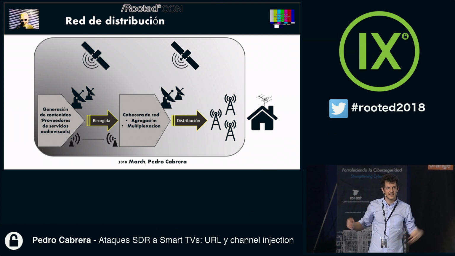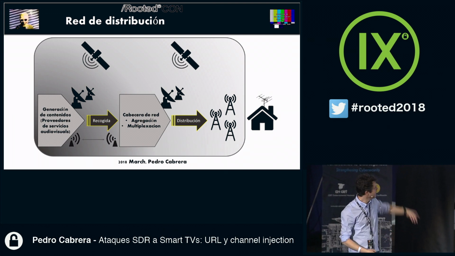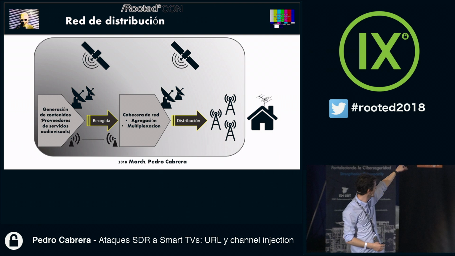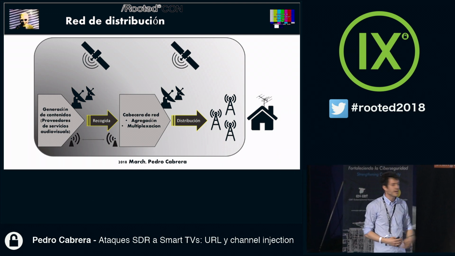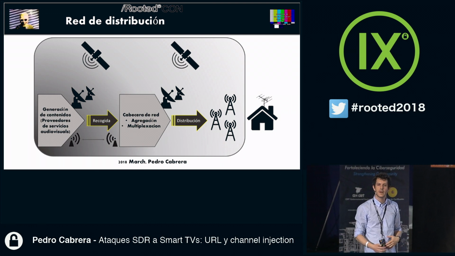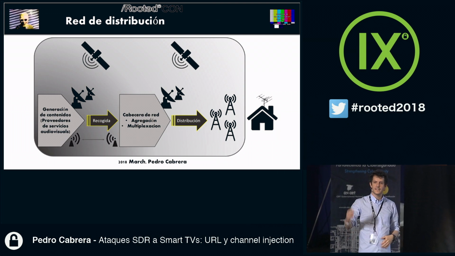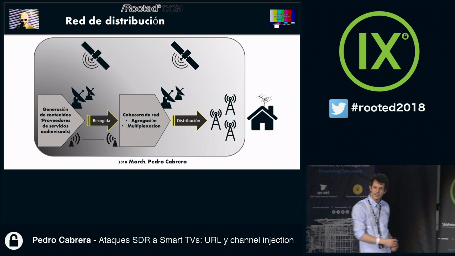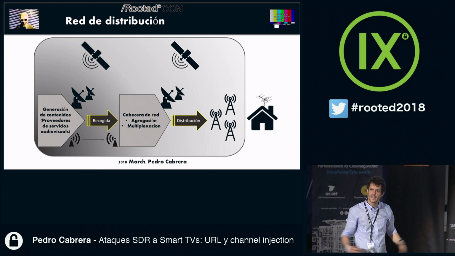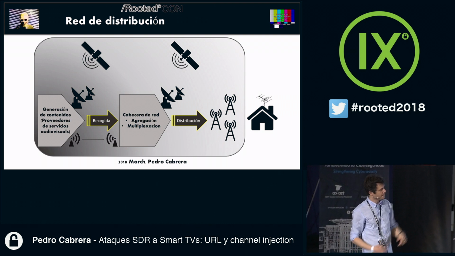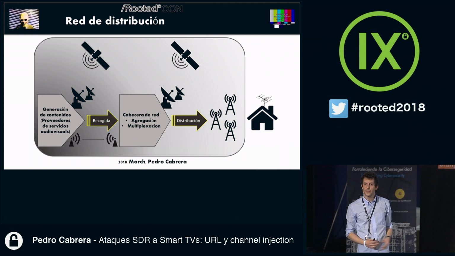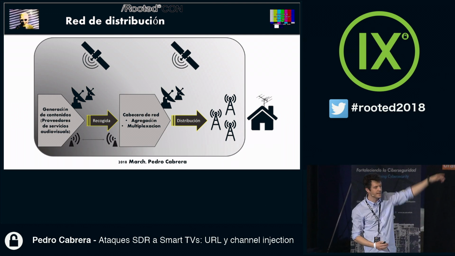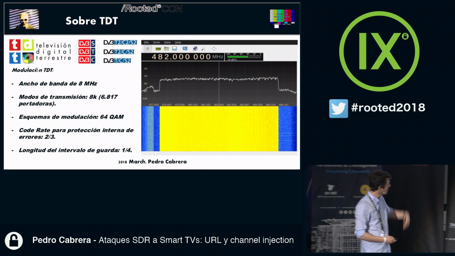This is the reporter with a van and an antenna that is linked with the radio link with the production center where they prepare the material. Of course, operators have several TV stations that they have to multiplex, and they distribute it. And then it's broadcasted to get it to our homes.